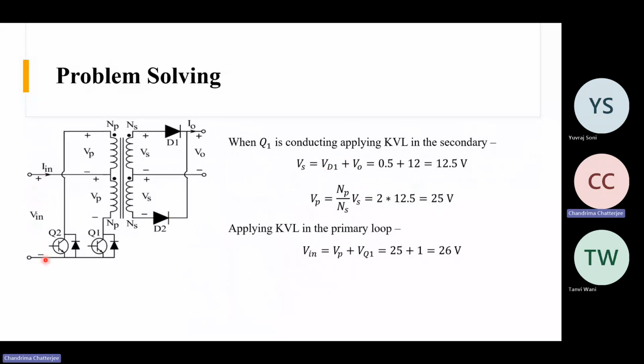After we find the input voltage, and as we have output current and output voltage values, we can apply the power equation. The input power will be the loss plus the output power. From there, we can find the average value of the input current I in.